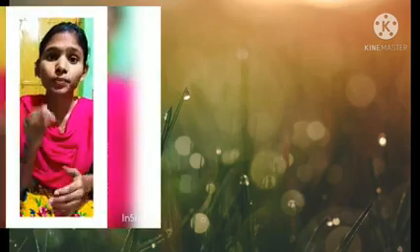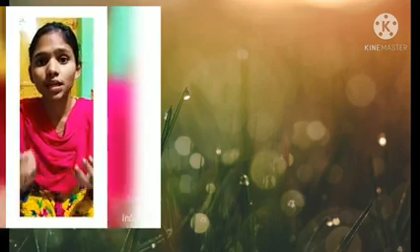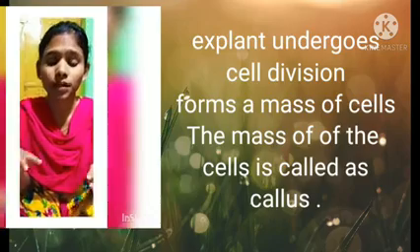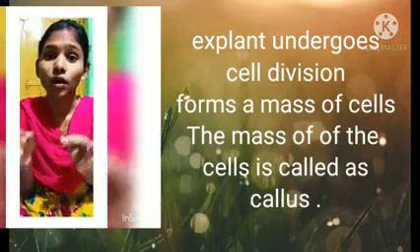This eggplant divides and forms into the mass of cells. In the cytokinesis, cell division has been done. Like this, the eggplant divides and forms a mass of cells. That mass of cells is called callus.